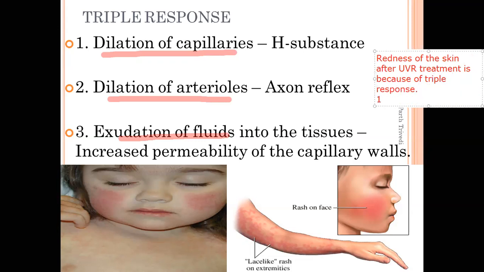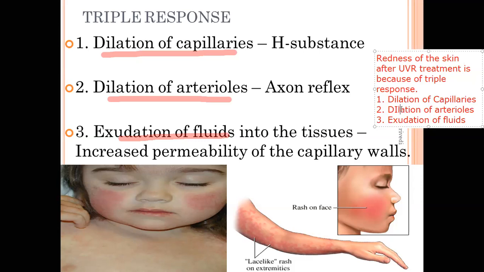This triple response includes dilation of capillaries, dilation of arterioles, and third one is exudation of fluids. So these things are very much important.